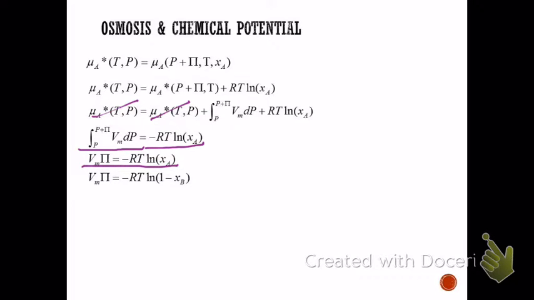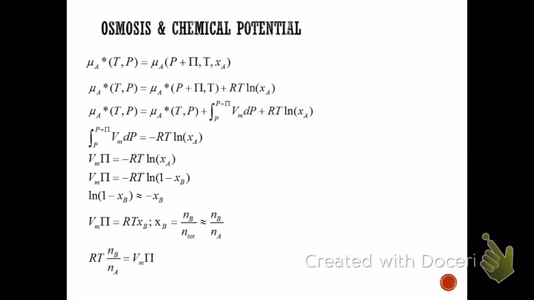Then, of course, noting that we've got the mole fraction of the solvent, we can relate that to the mole fraction of the solute as we did earlier. And we end up with our expression here.